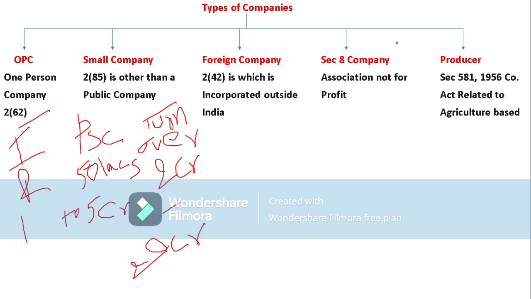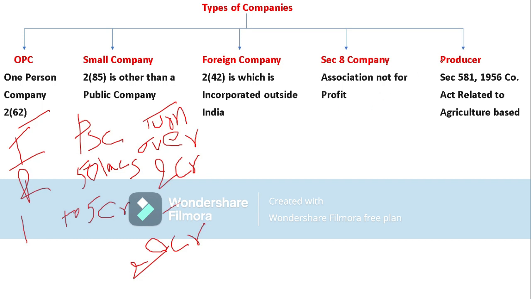Why? Because basically these type of companies are treated as associations which are not meant for profit. Okay. They aim for the promotion of culture, promotion of art, religion, education, research, sports, etc. Okay. And even though if at all they gain profits, they will again spend that profit in the welfare of the public only. Okay. So that is why these companies are treated as section 8 companies, and those are treated as companies only. Okay. Even though at the suffix of the company name there is no public limited or private limited, it is treated as a company.